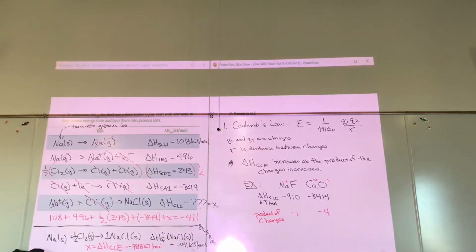And so what I'm suggesting to you is that to a first approximation, -3414 is approximately, not quite, 4 times bigger number than for sodium fluoride. I know they're both negative.